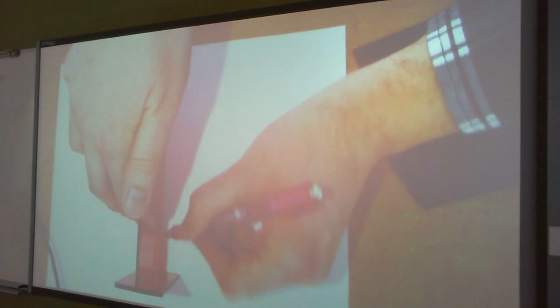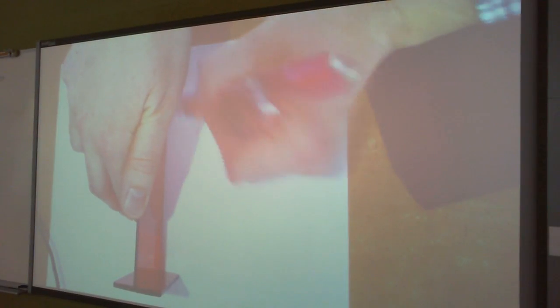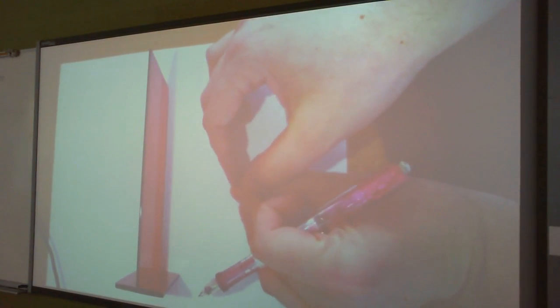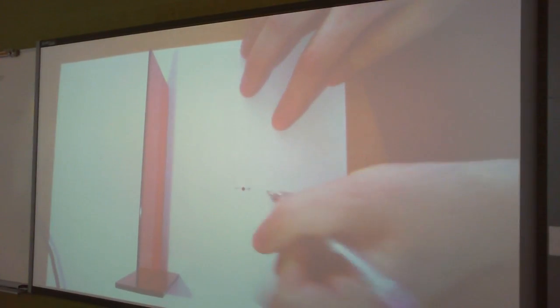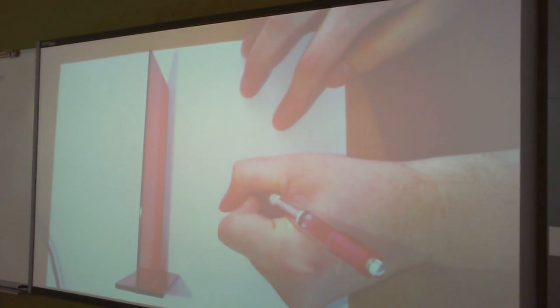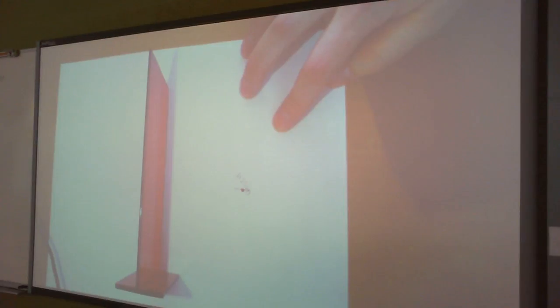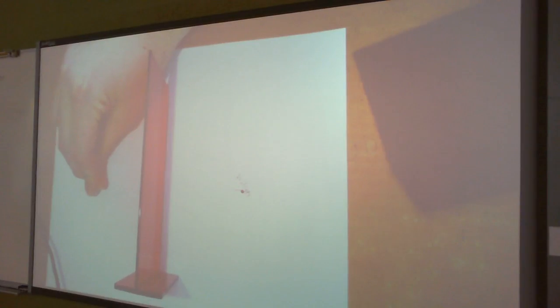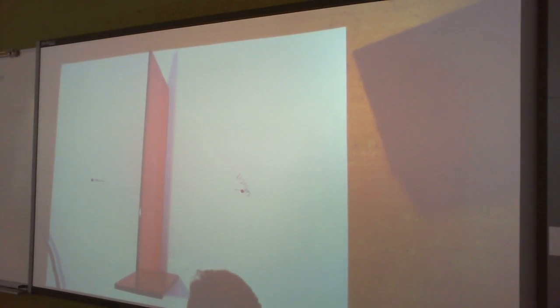All right, so here's my new sheet. I'm going to place my object here in front. I'm going to do the same thing back here by placing a pin at the image location. However, what I'm going to do is, it says move your head.